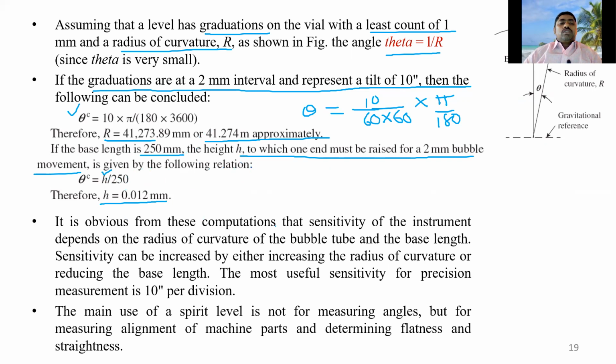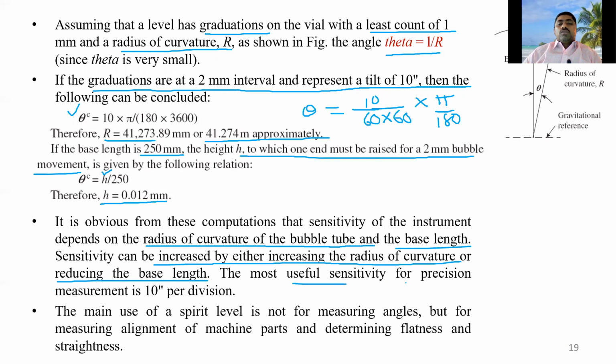It is obvious from these computations that the sensitivity of the instrument depends upon the radius of curvature of the bubble tube and the base length of the spirit level. Sensitivity can be increased by either increasing the radius of curvature or decreasing the base length.